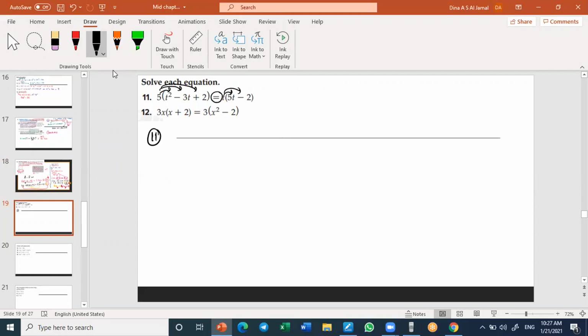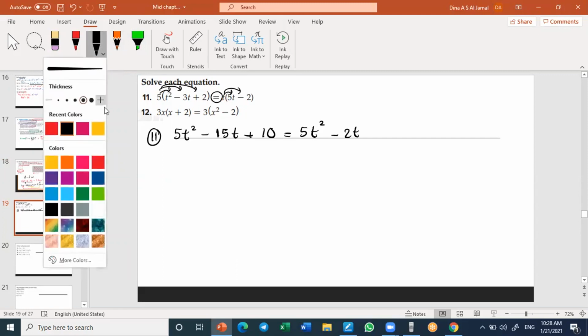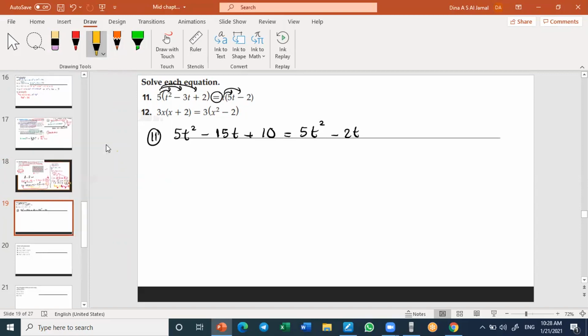After taking the distributive property, it will be 5t squared minus 15t plus 10 is equal to 5t squared minus 2t. Now, whenever you are having such a question, keep the variables next to the variables and the numbers alone.